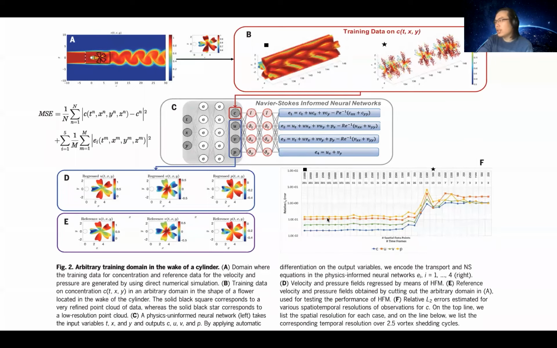And here we show the relative L2 error of C, U, V, and P. You can see that in this region, you can actually fit the concentration perfectly, with about 10 to the -2, or 1% relative error. As for the velocity and pressure, it's about a 10% error, which is still pretty good. But if you don't have enough data, then the error is going to be huge.